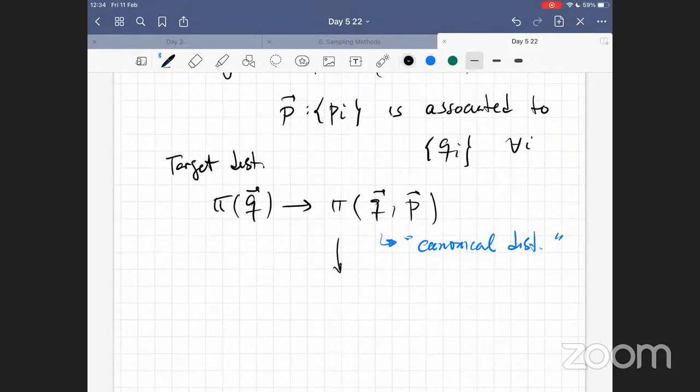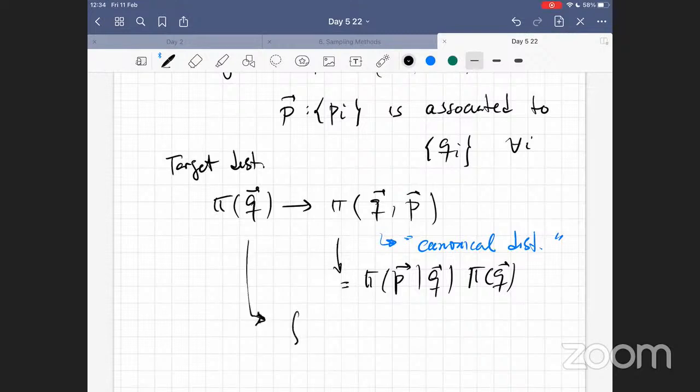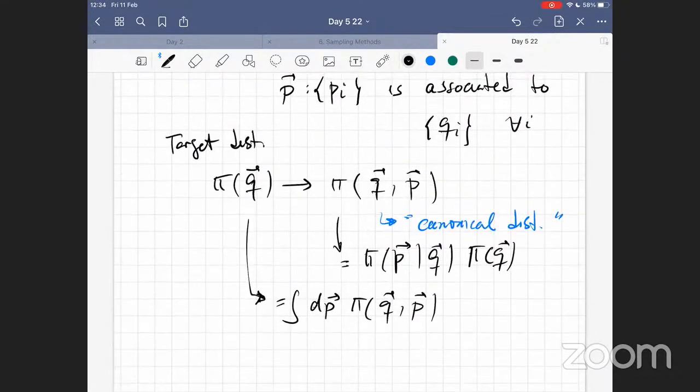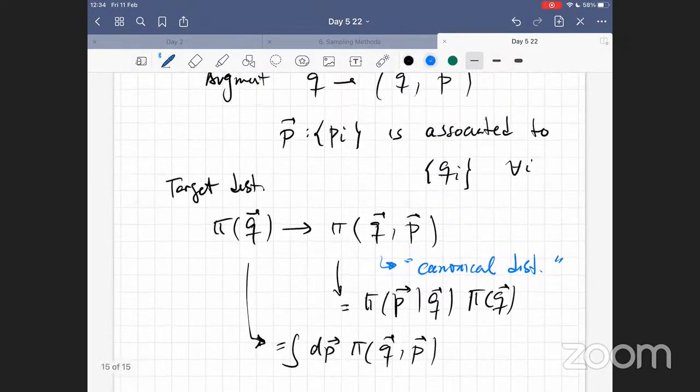So this is equal to the distribution of P given Q times the distribution of Q. And you recover the target by marginalizing over P. So this is like a joint PDF of our model.